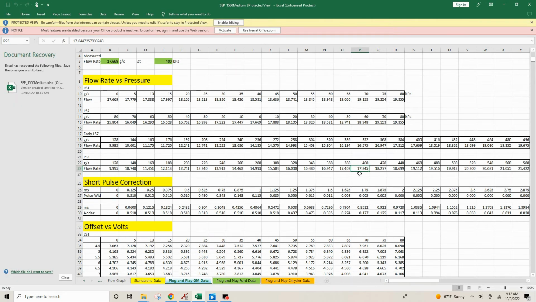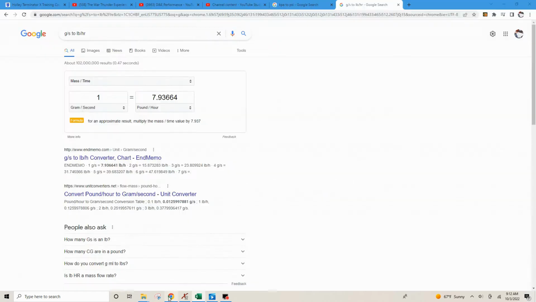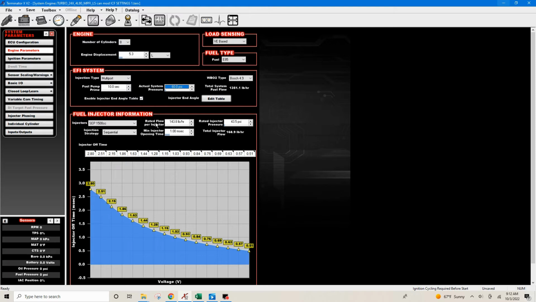So 17.845 gallons per second is what we're going to type in. 17.845. That gives us our rated flow per injector.